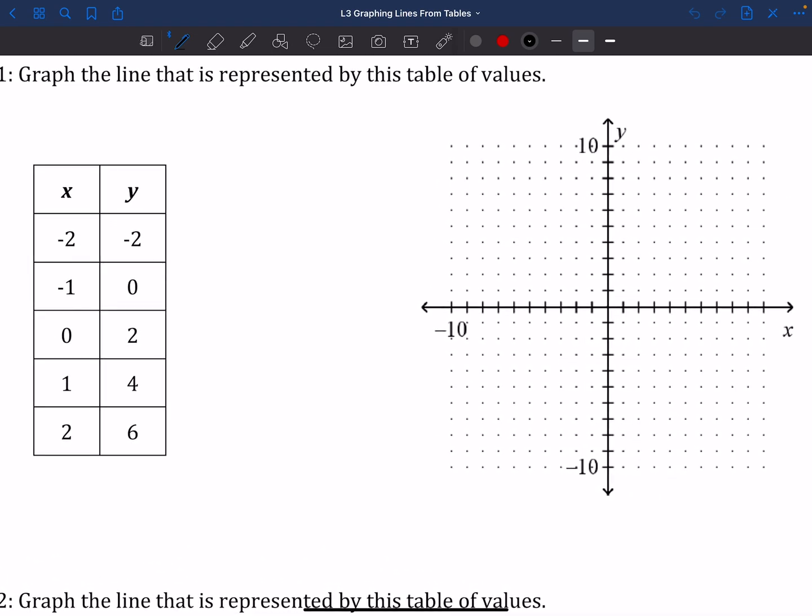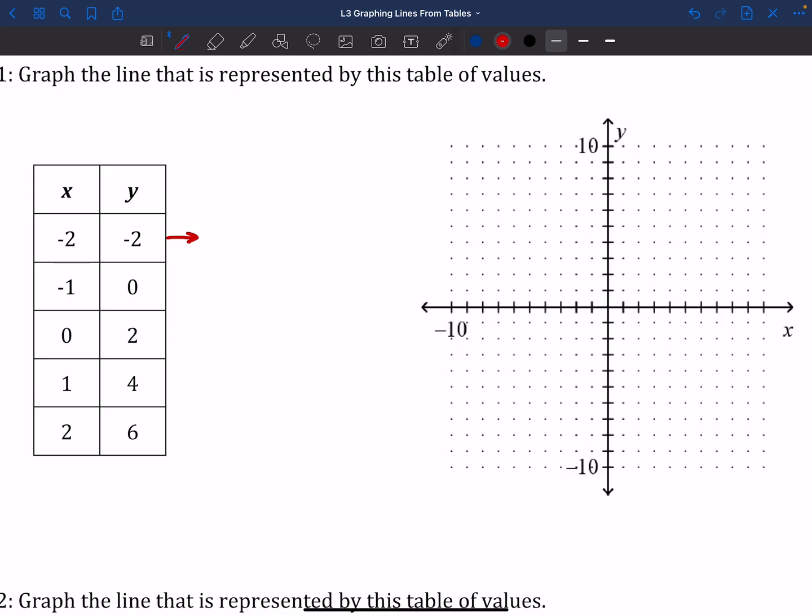Over on the left-hand side of the screen, you're going to see this table that has X's and Y's in it, right? What we want to do is make points out of those and put them on the graph and then make the line that goes with it. Our very first step is to literally take the X and Y information there and spit it out into a point.